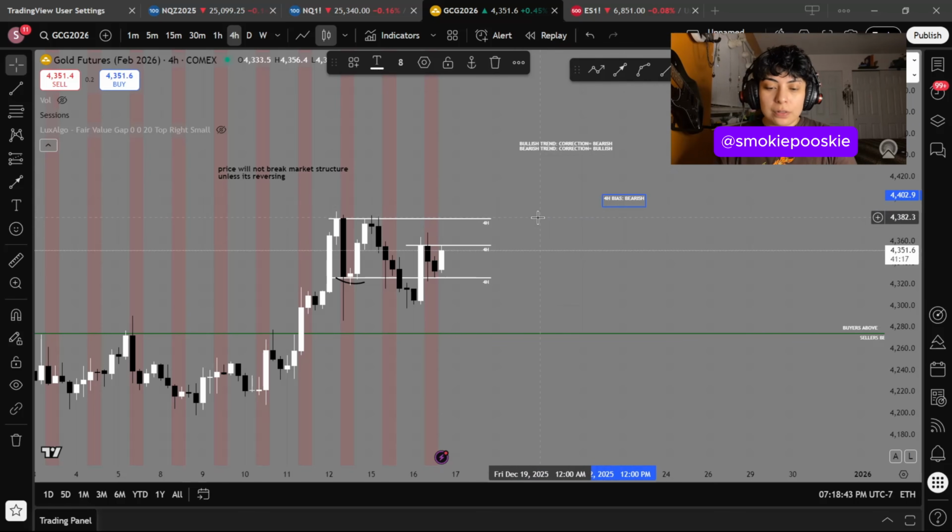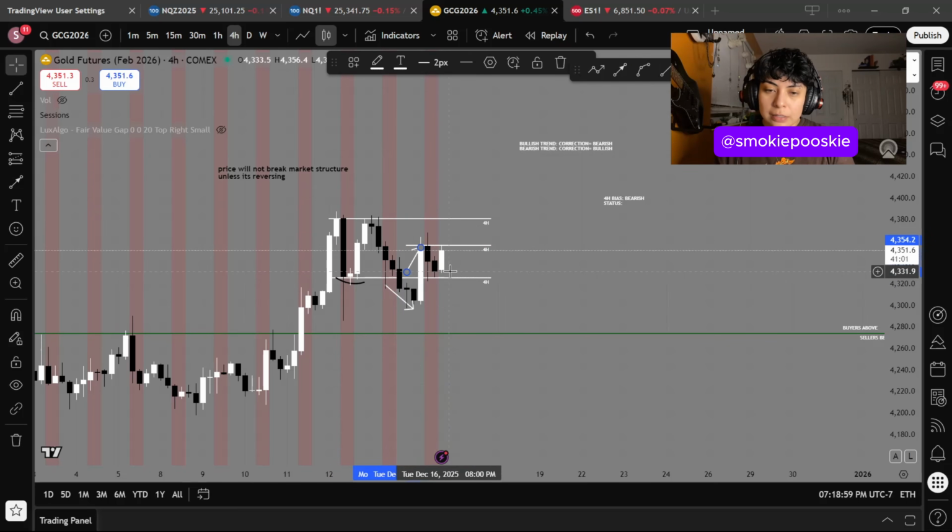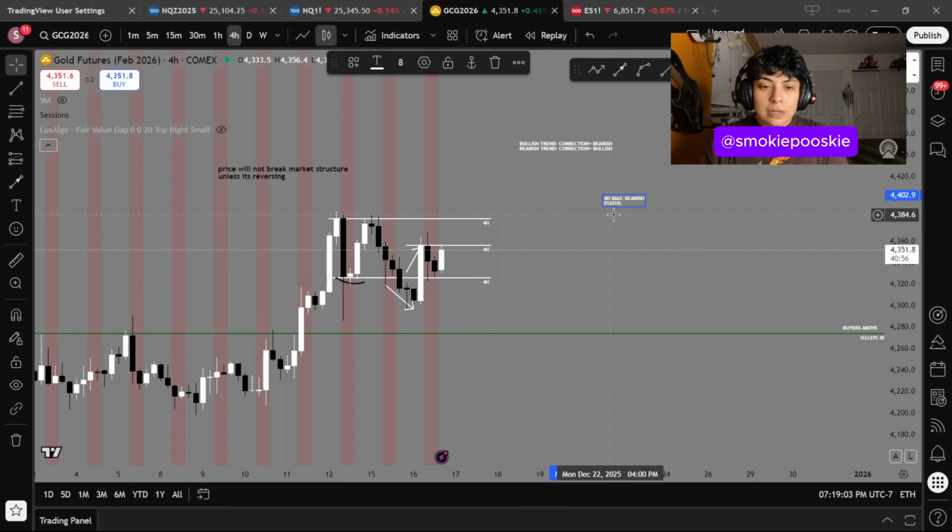And then the status is right here, where this is the indication, right? So this one was the indication, and this is the correction. So right now, we're still correcting until price goes back bearish. So we are correcting.